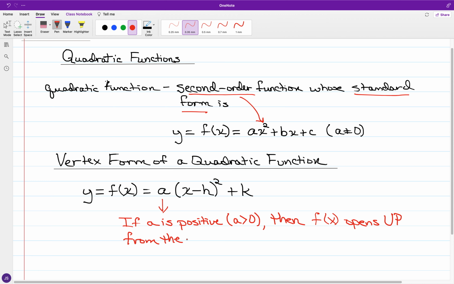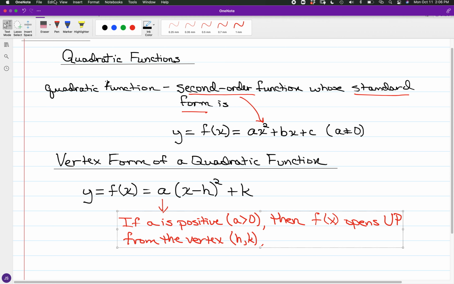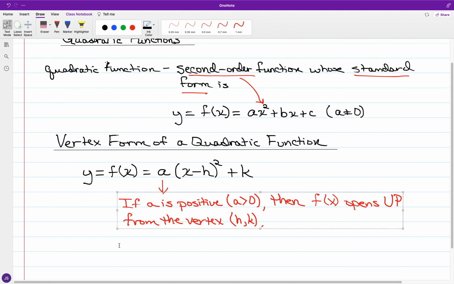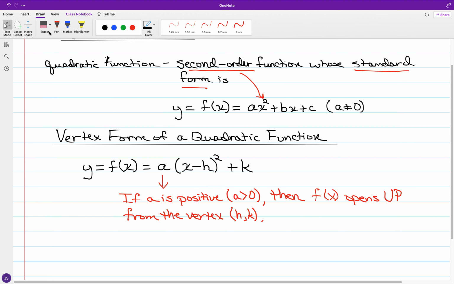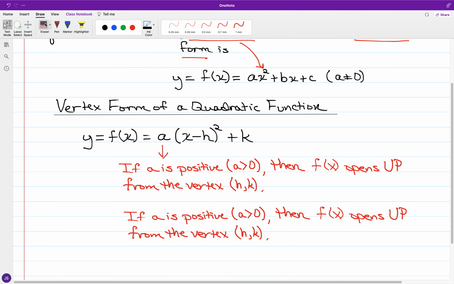And the vertex is a particular point. And the general coordinates will be h and k. Now, if we have that a is negative, so this is what I've got for a is positive, but almost the same terminology.